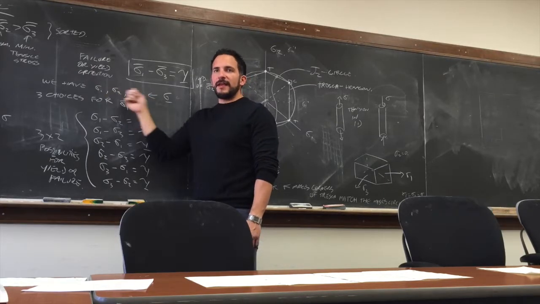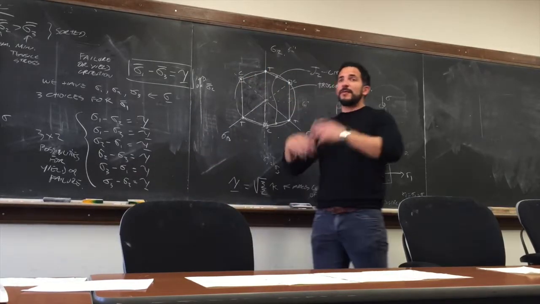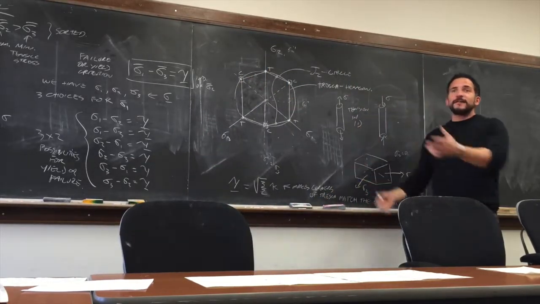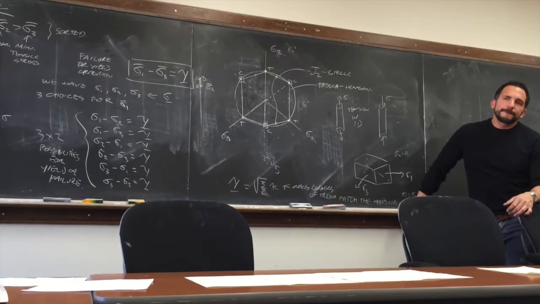You always get the same values. So there's no way out. There's no operation that gets you out of that state of stress to some equivalent. So I can rotate it out of the principal stress state to some other stress state, and none of those sigmas would ever be negative or compressive. They'd always still be tensile.